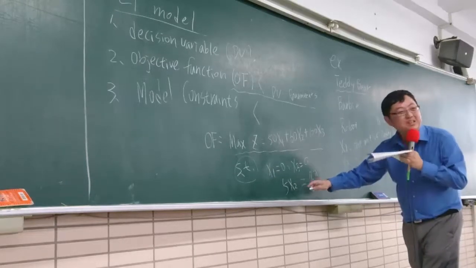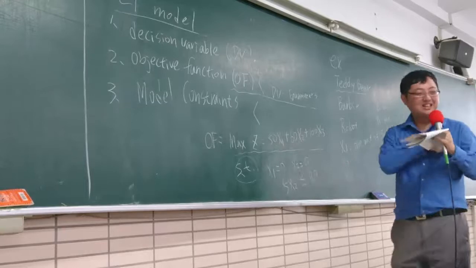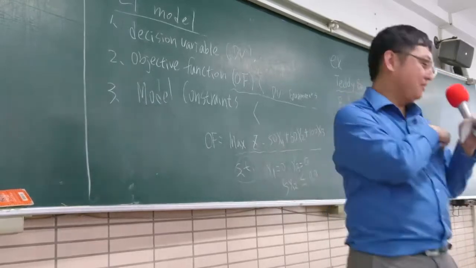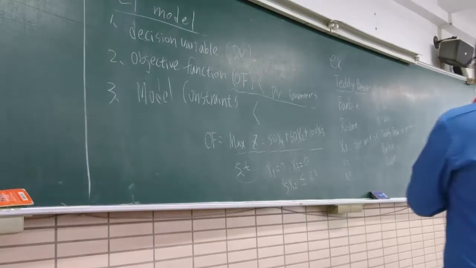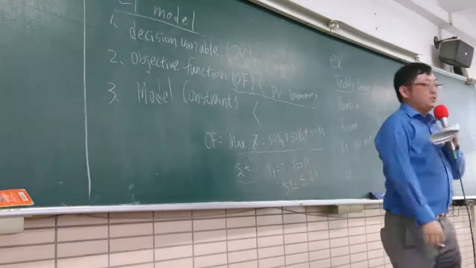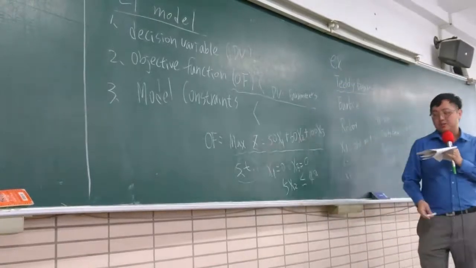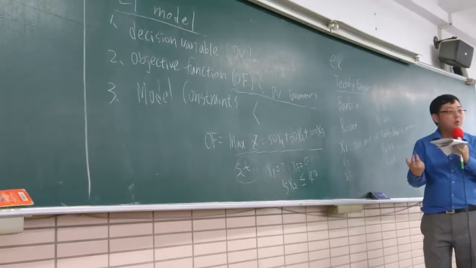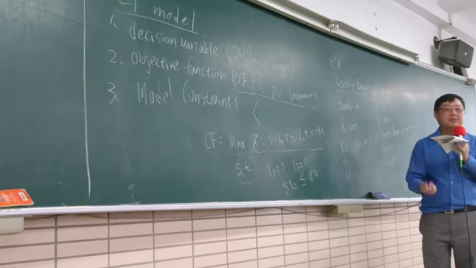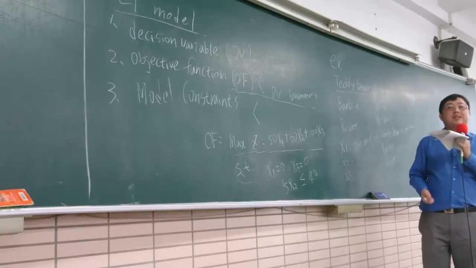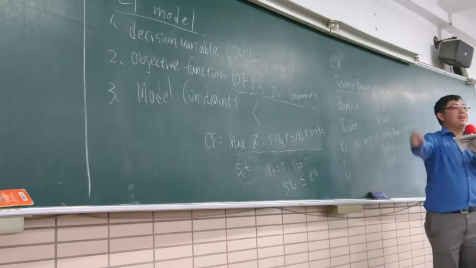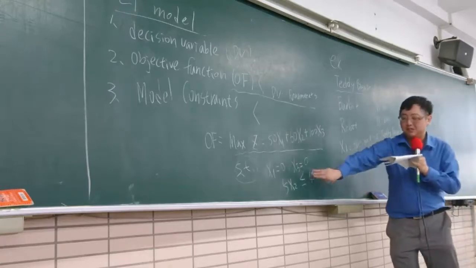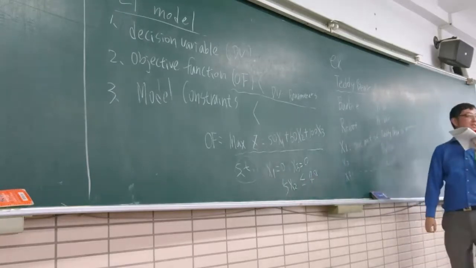Less than or equal to. 小于等于小于等于翻译一下。Because the question doesn't say you have to spend all of the labor. All labor resources can be used up. You can use equal. That's so easy.